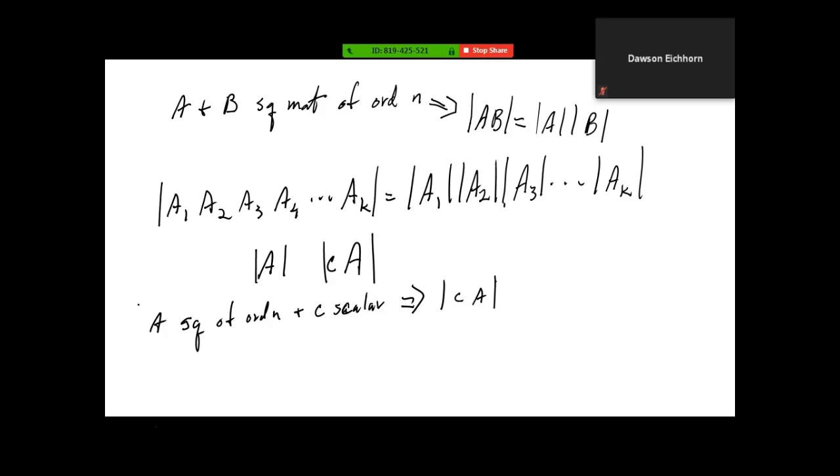So that is n multiplications there, and so you're multiplying C times itself n times. So what this comes out being is C to the n, where n is the order of that matrix, times the determinant of matrix A. So that's how they're related. This is C to the nth, where n is the order of that square matrix. And there's a little proof there too, using the previous proof, so you can look at that.